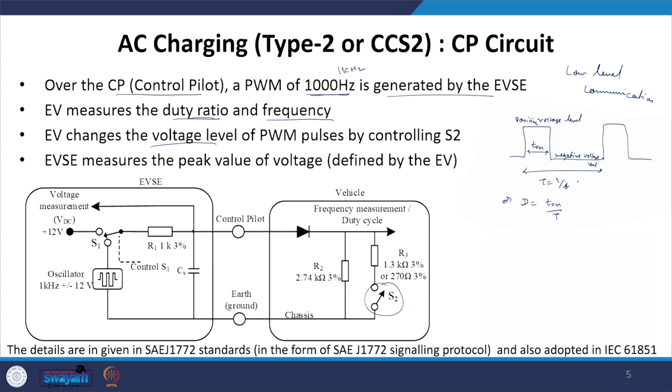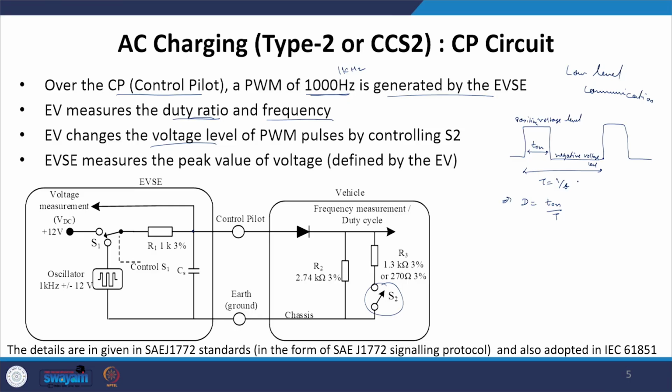This is just to do the communication between the EV and EVSE, that means to send some vital information from the EVSE to the EV, or to check the status, whether the EV is accepting the charge or not, or whether the EVSE is ready to transfer the energy or not. So, it is for that purpose only that the CP pin is being used, and over the CP pin the PWM is activated so as to ensure that information is being sent.